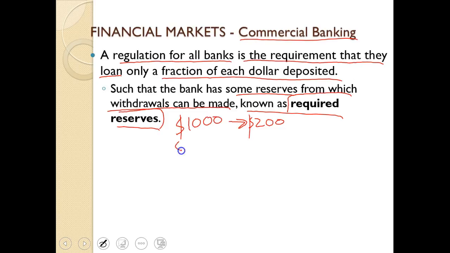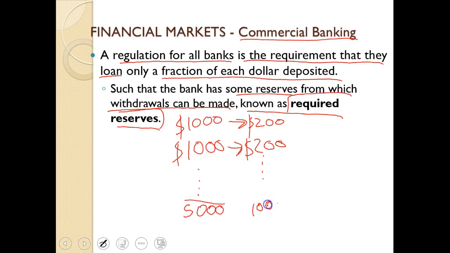Well, if they get more depositors, each depositing $1,000, they have to keep 20% of it, and this continues on. Now they have, say, $5,000 in savings, and they've had to keep $1,000 on hand. And then you, as a depositor, would like to withdraw all $1,000 of that cash.